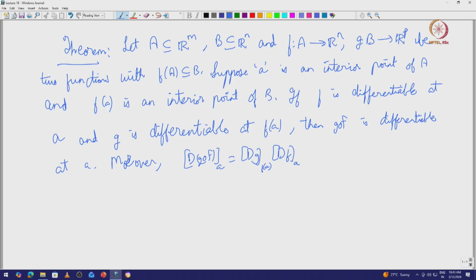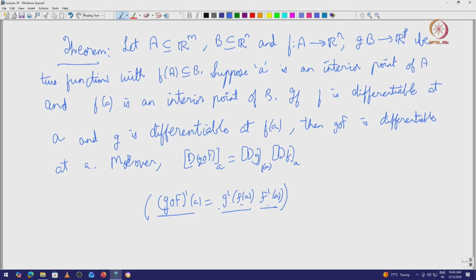So this is the direct analog of the one variable chain rule, which if you recall is (g∘f)'(a) = g'(f(a)) f'(a). So in more than one variable, it's simply a direct analog. The derivative matrix of this is the product of the derivative matrices of g and f evaluated at appropriate places.